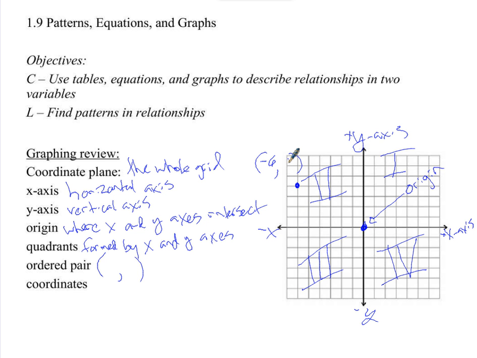Positive 1, 2, 3, 4. So the ordered pair there would be negative 6, comma 4. That's an ordered pair. How did we get the ordered pair? We came up with the coordinates. So the coordinates are x-coordinates and y-coordinate.